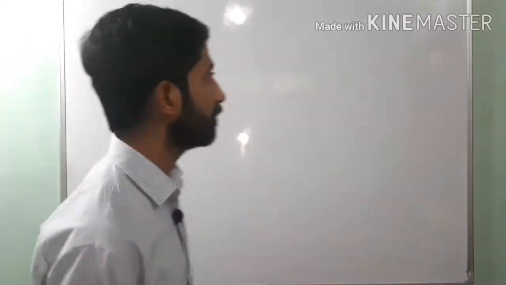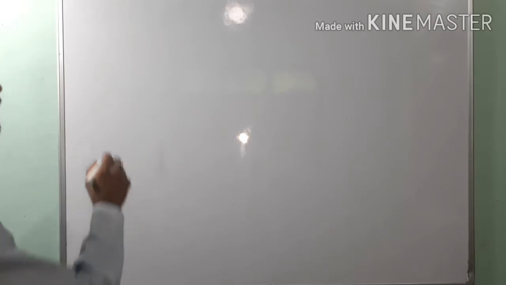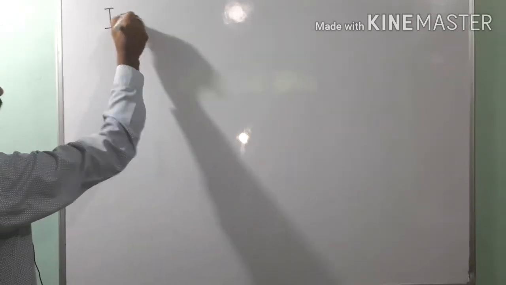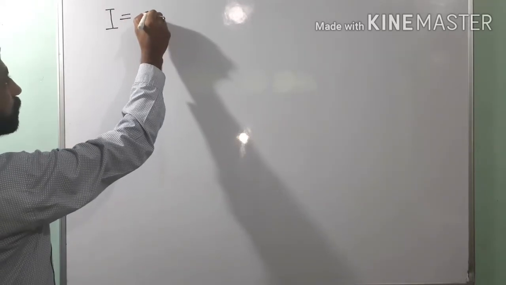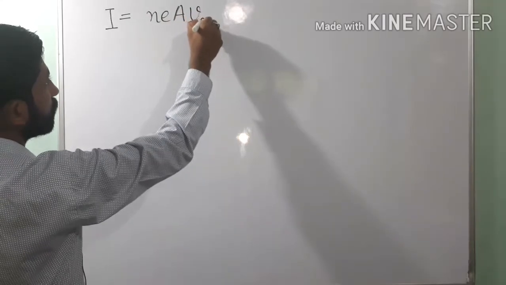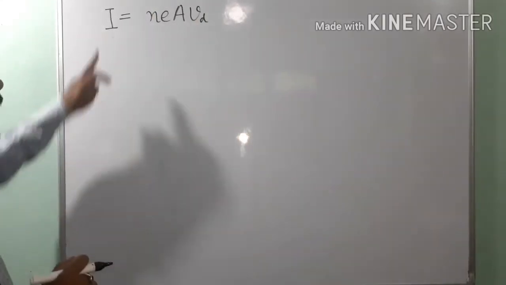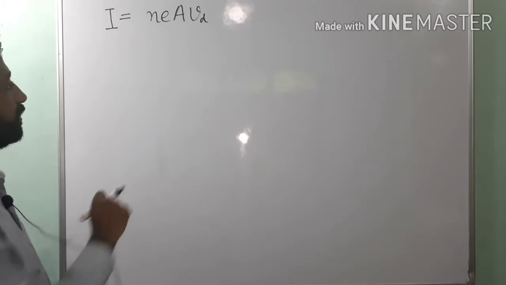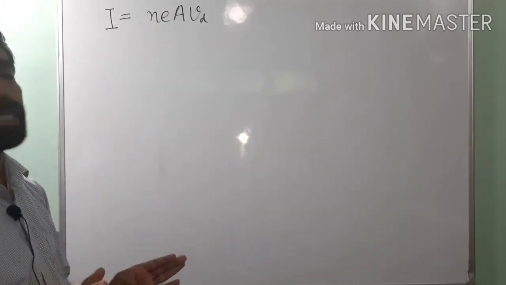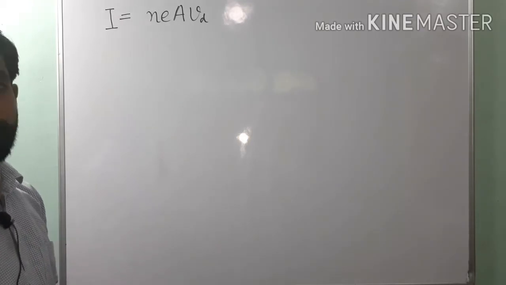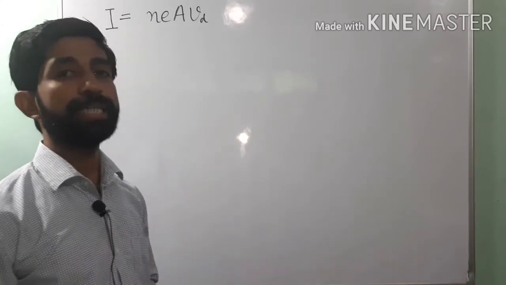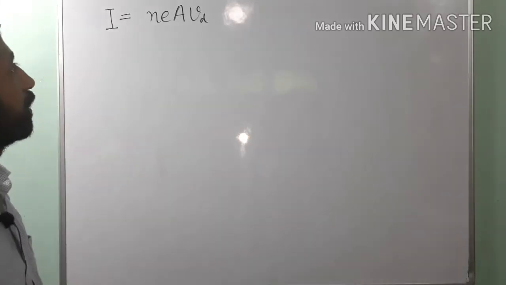Okay, so in the last class we had a relation between current and drift velocity, and the current was given by I = nAeVd, where n is number density, that is number of electrons per unit volume of the conductor, and this is always in the order of 10^27 or 10^28 electrons per unit volume.